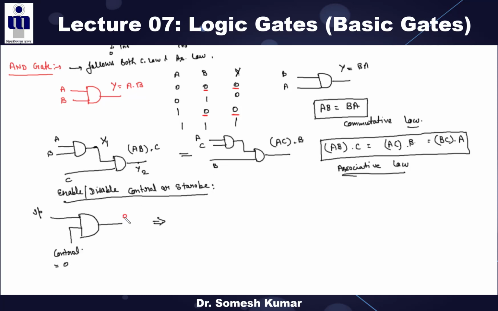If control is 0, then the output is 0. So this is called the disable control, right? Whatever the input, 0 1 0 1, you will get the output 0. Clear the thing? What happened in the opposite case?